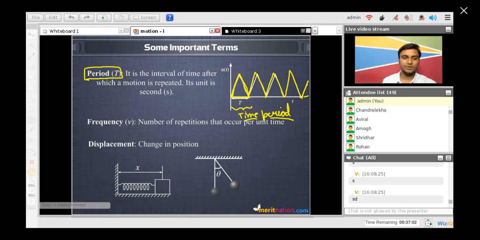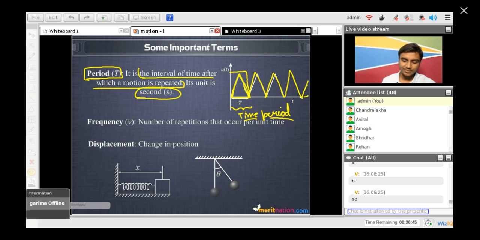It is the interval of time after which motion is repeated, and its unit is second.